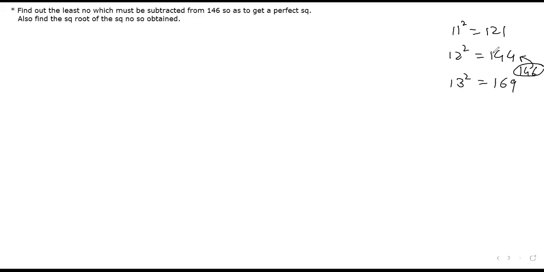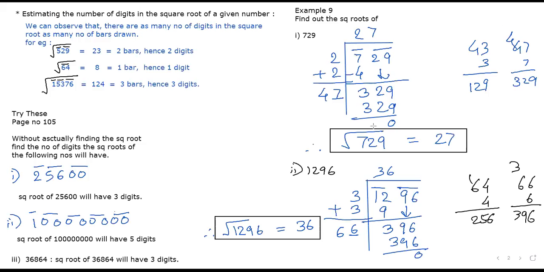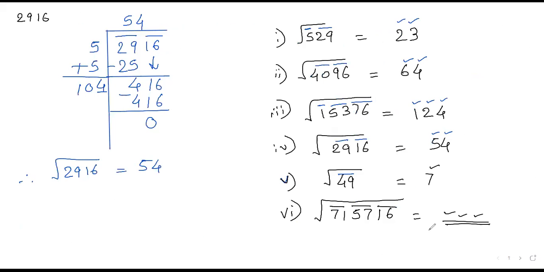Yes, sir. Now see, for that purpose, what you need to subtract, let me check by long division. Just now, by long division, remainders came out to be 0. When the remainder was 0, the quotient became the square root.